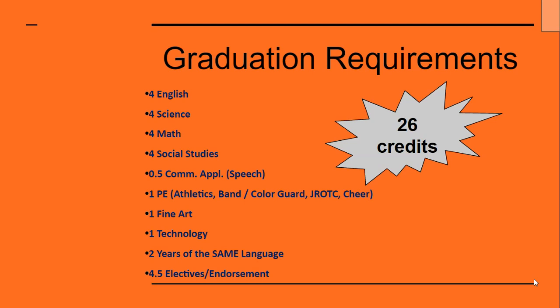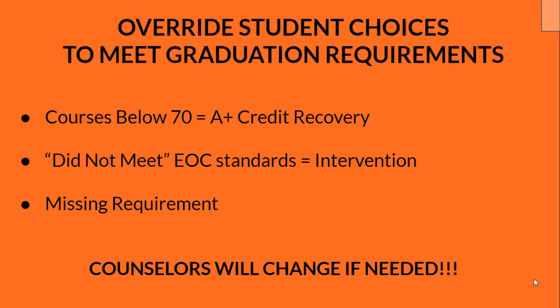You will also need 1 credit of a fine art, that can be art, dance, choir, music, or theater, 1 credit of a technology. Some examples would be BIM, Business Information Management, audio video production, graphic design, or animation, just to name a few. You also need 2 years of the same language and 4.5 credits of electives, which gives you a total of 26 credits.